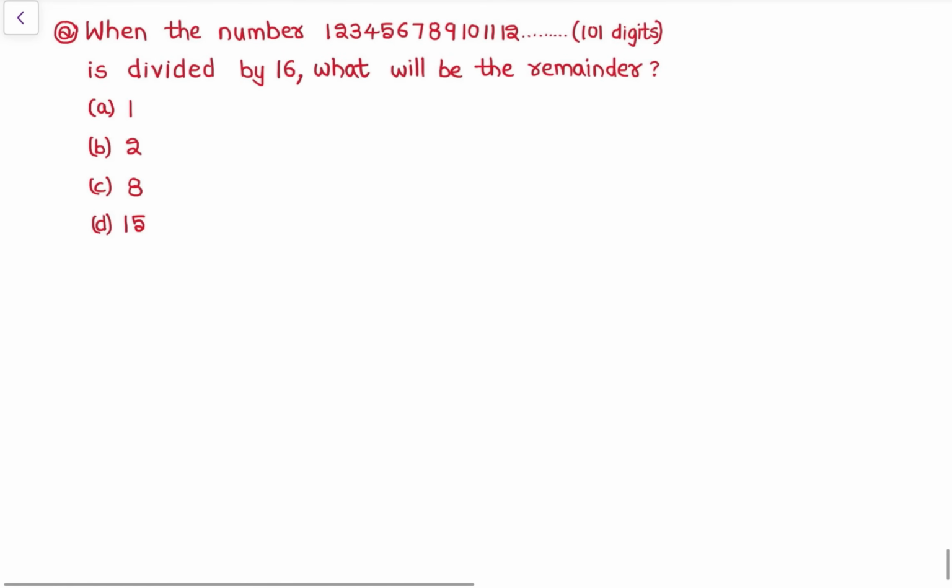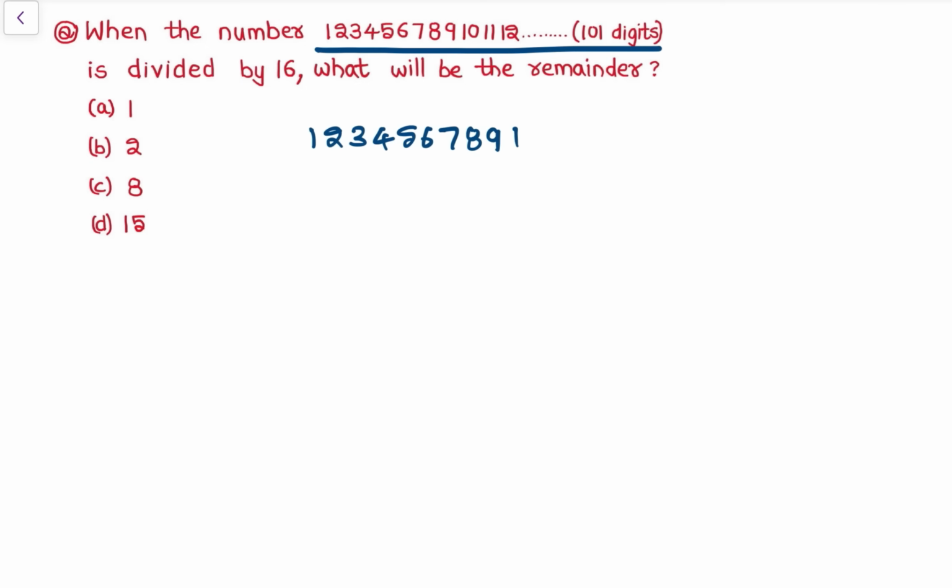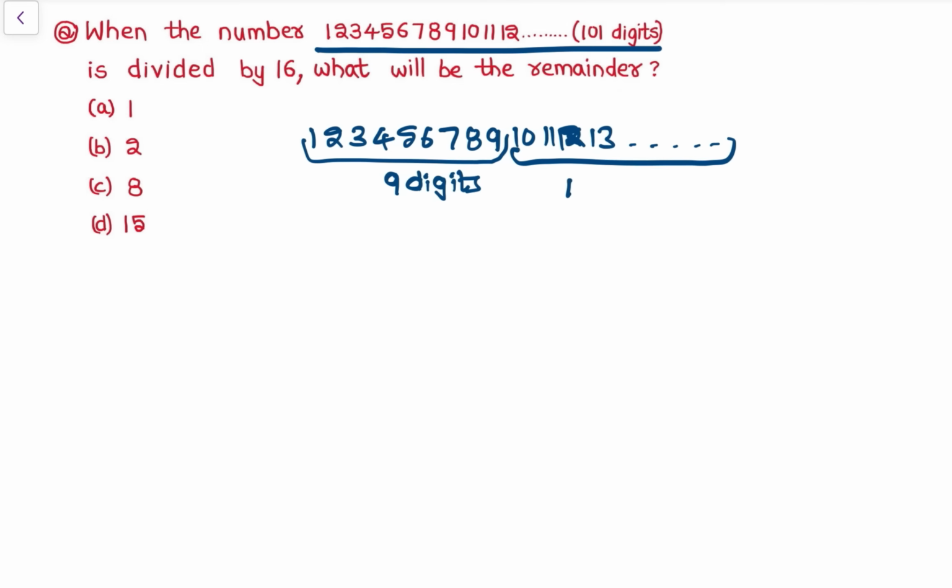You will get more clarity. See, now solve this. See, 1, 2, 3, up to 101. 1, 2, 3, 4, 5, 6, 7, 8, 9, 10, 11, 12, 13, and so on till 101. Now 9 digits are done. 101 minus 9, that is 92 digits.